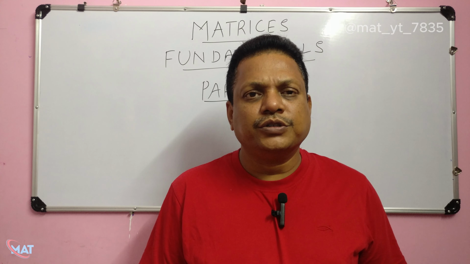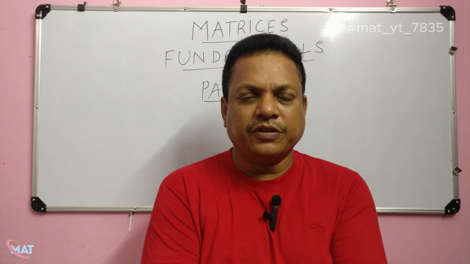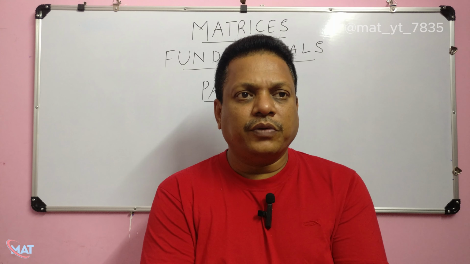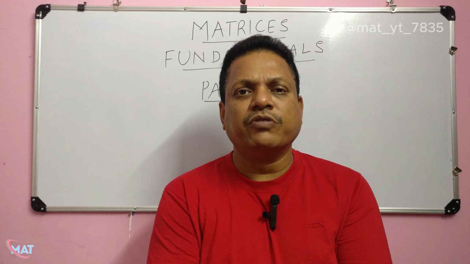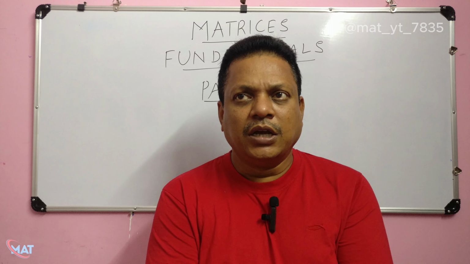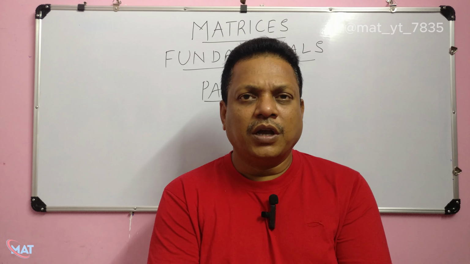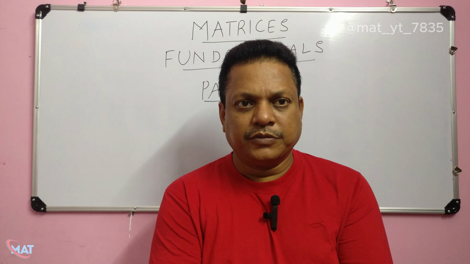In the last two videos, part 1 and part 2, we covered the fundamentals of matrices. In the previous video, I covered two types of matrices: one is the square matrix, the other is the rectangular matrix. There I focused on how to represent it in an easy manner.